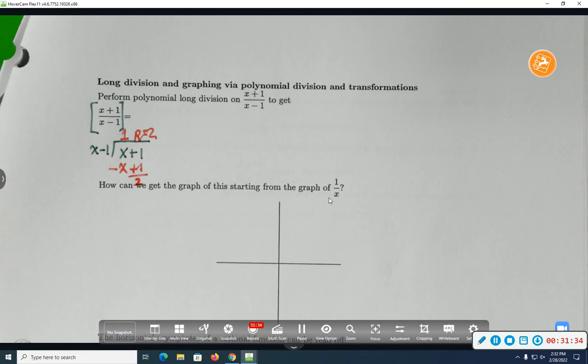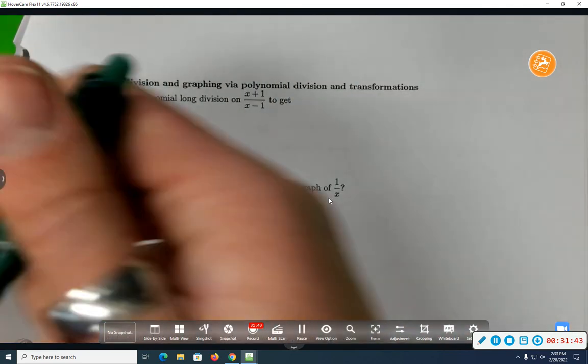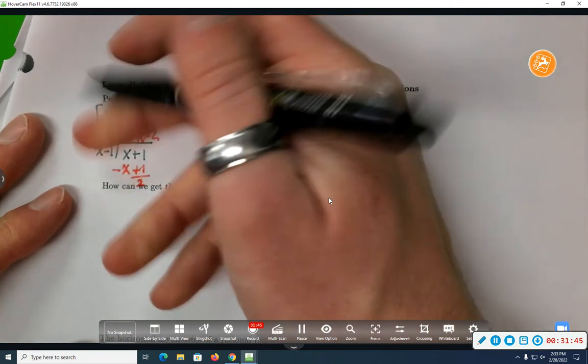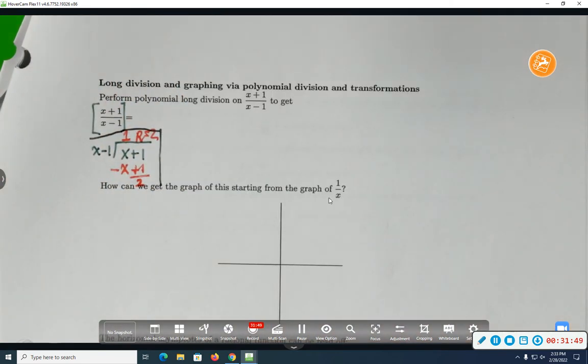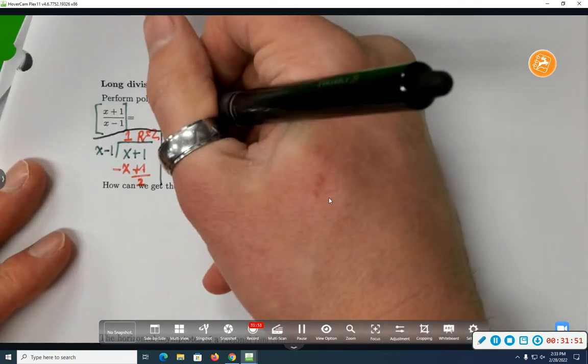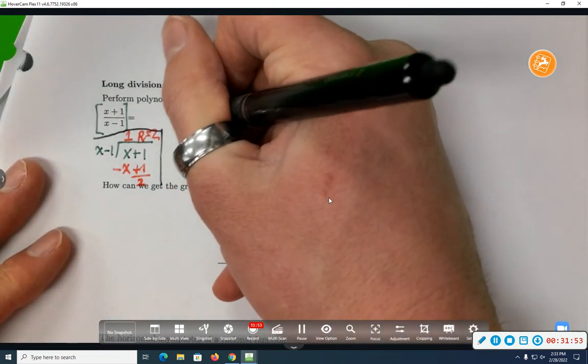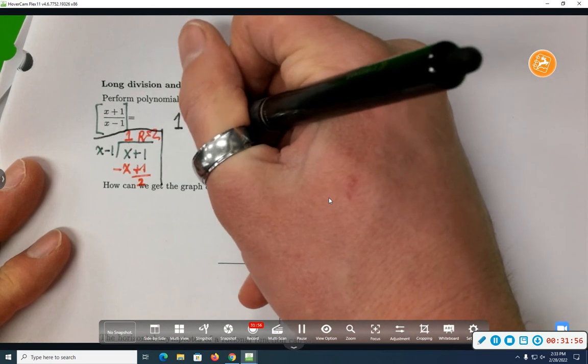So this division results in 1 with a remainder of 2. And so, what does that say? That says that this fraction is actually equal to 1 plus 2 divided by x minus 1.